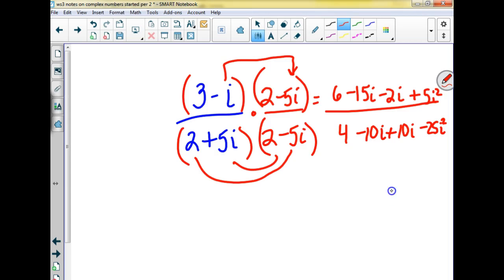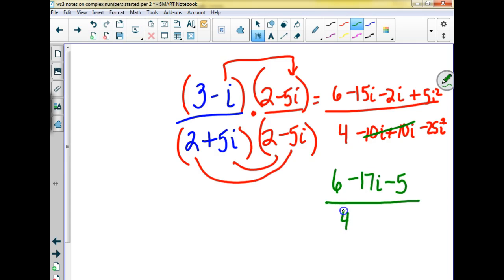Okay. Now, some of you start scribbling things out and it gets to be a mess, right? And you make a mistake. So if you wanted to rewrite the top, you have a 6. You could combine those two and get a minus 17i. What is positive 5i squared going to become? A negative 5. What happens down here?